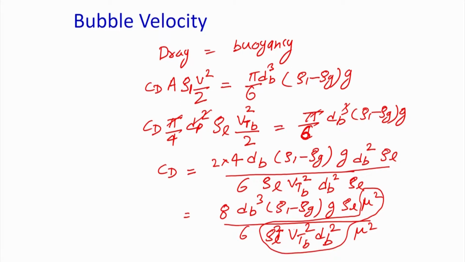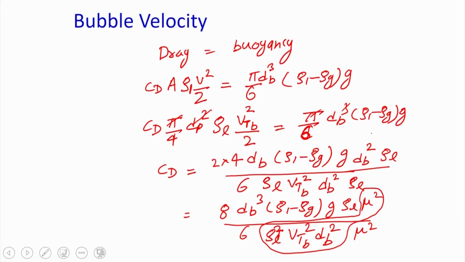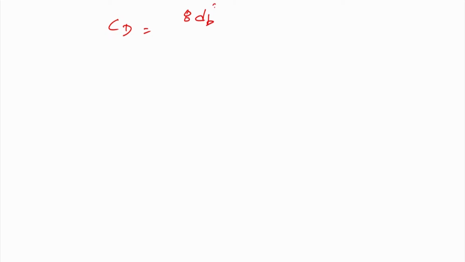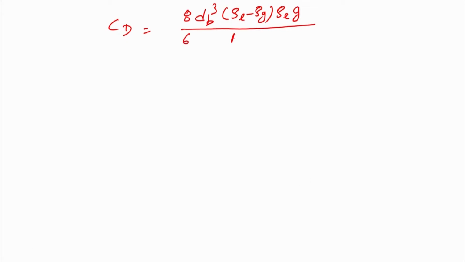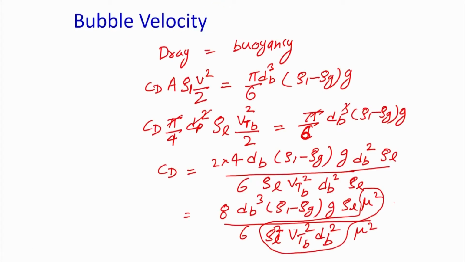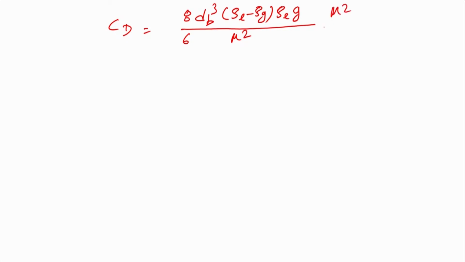So, I can write this equation as CD will be equal to 8 upon 6, dB cube rho L minus rho G into rho L into G upon 6 mu square, and then this value you can write as mu square upon rho L square into dB square into VTB square.